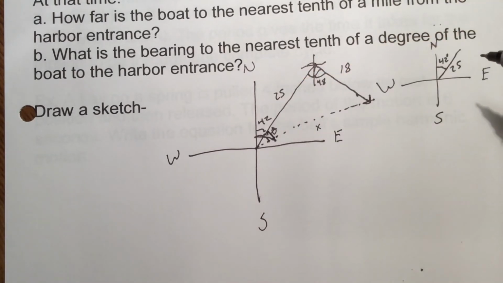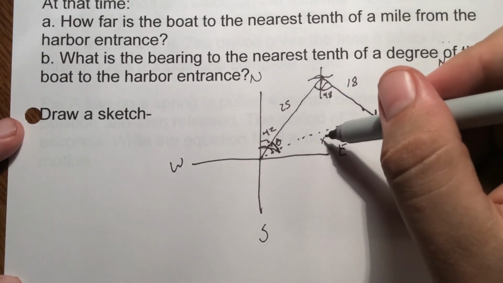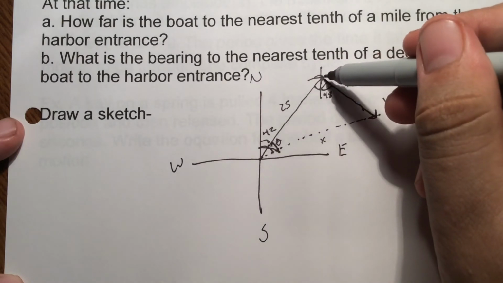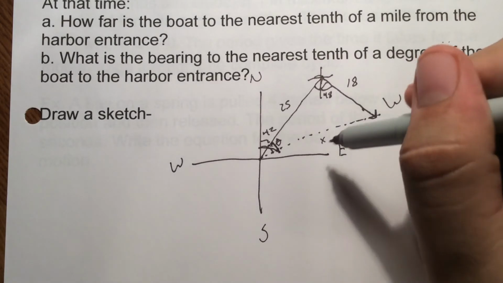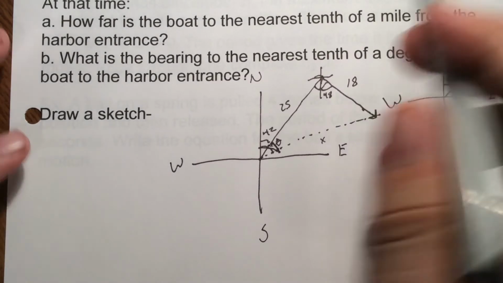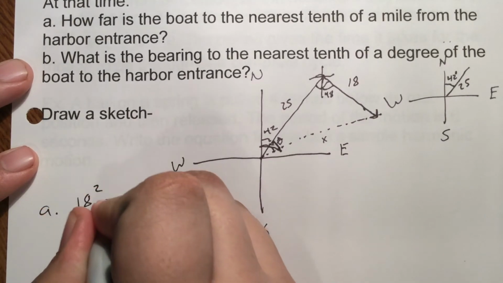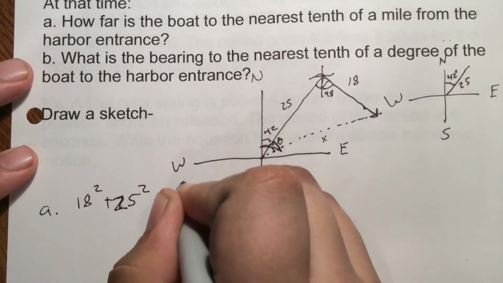So A is how far is the boat from the harbor entrance. So we're going to find the x here first. Well, if you think about it, we've got a 90-degree angle up here, which makes this into a right triangle. So we can use the Pythagorean theorem to find our third side, our hypotenuse. So for part A, we're going to do 18 squared plus 25 squared equaling our c squared.